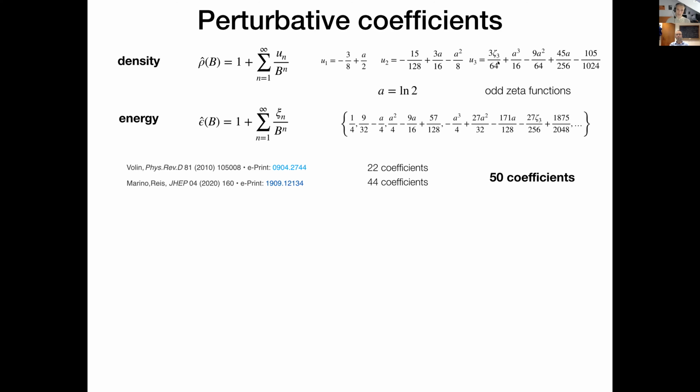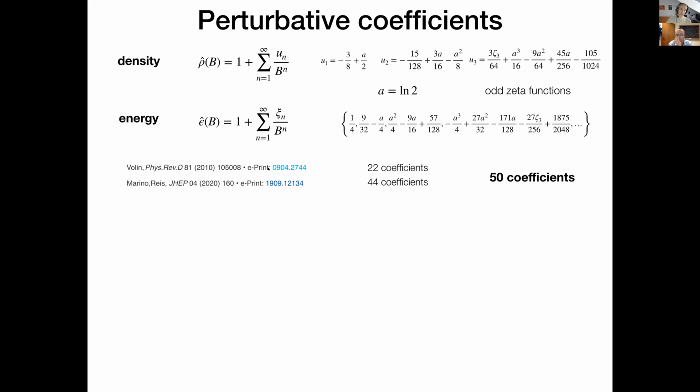So the structure of these perturbative coefficients is basically polynomials in log 2 and odd zeta functions, such that the highest transcendentality degree, if you associate 1 to log 2 and the index of the zeta function to zeta, should be less than the index of this perturbative coefficient. But everything can appear which is below this. If you calculate higher and higher orders, they are longer and messier expressions.